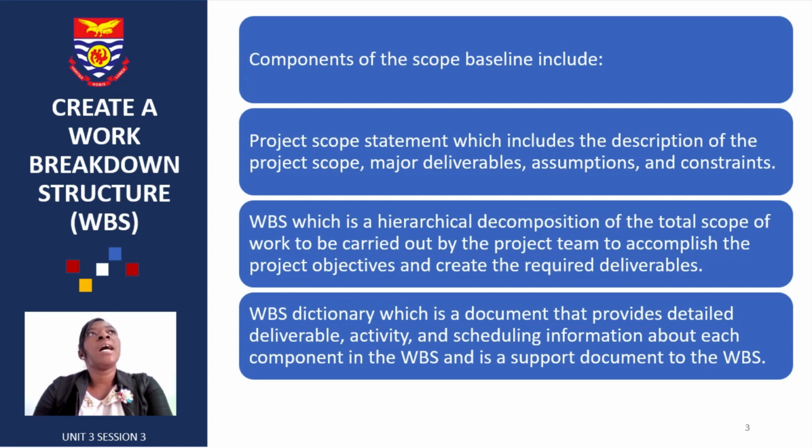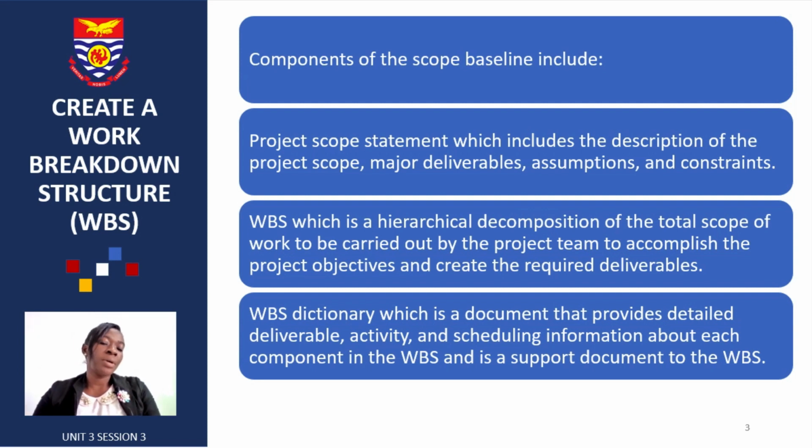One thing you need to have in mind is, yes, our scope is big. These are all the things we're supposed to do. For us to be able to achieve this, we may have to break it down into smaller themes or smaller subdivisions. And so the work breakdown structure is very, very important. The project scope statement includes a description of the project scope, the major deliverables, assumptions, and constraints.